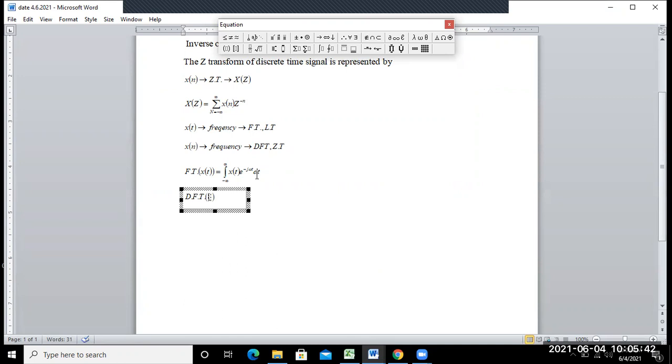So X is equal to the summation of n equal to minus infinity to infinity of x[n] e to the power minus j omega n.